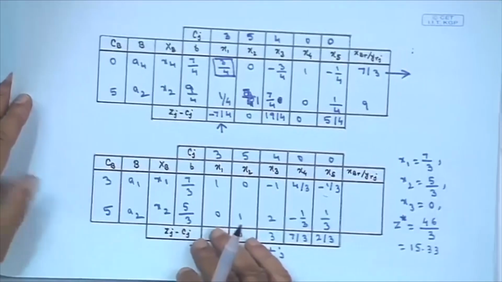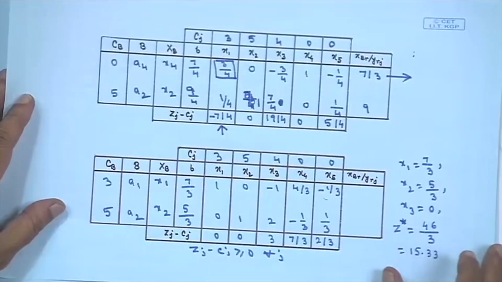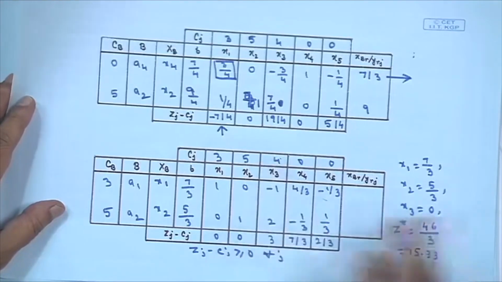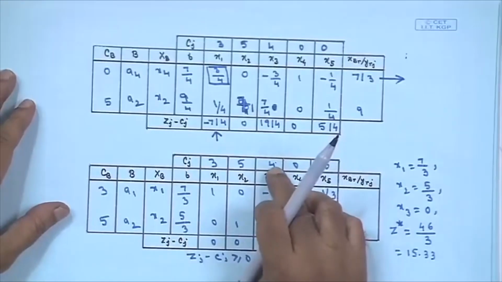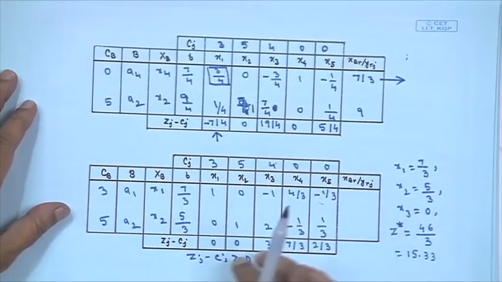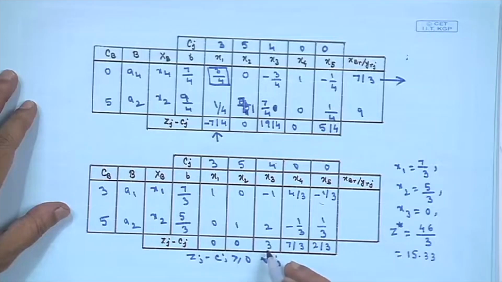So, the non-basic variable x3 will enter into the basis, that is here you are having this one. So, this will be changed to 13.